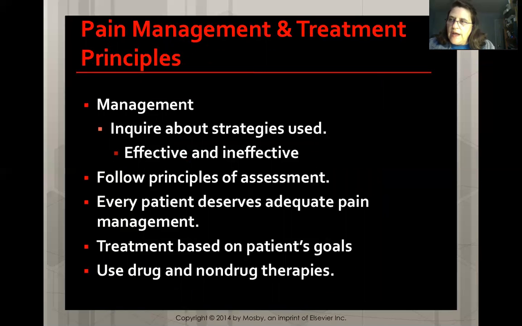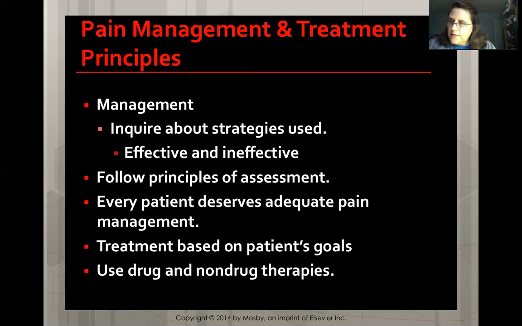When we talk about pain management and treatment principles, our goal is for management, we strategize or use strategies that include prescription and non-prescription drugs, non-drug therapies such as hot and cold applications, and complementary and alternative therapies such as herbal products, acupuncture, relaxation strategies, and imagery.